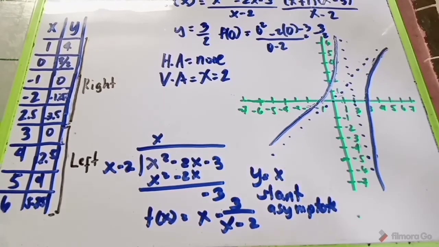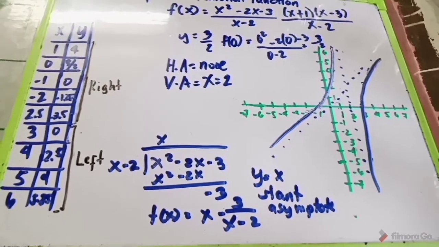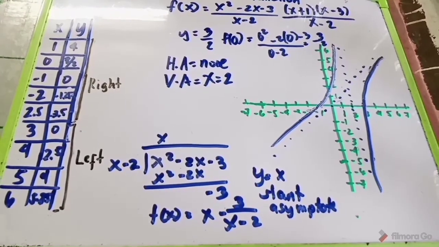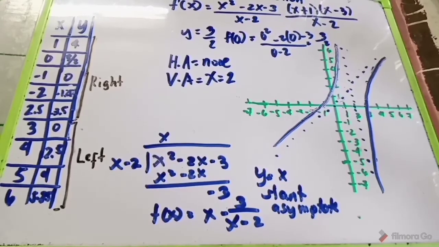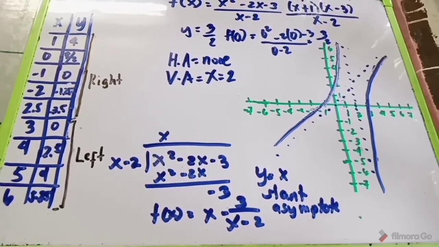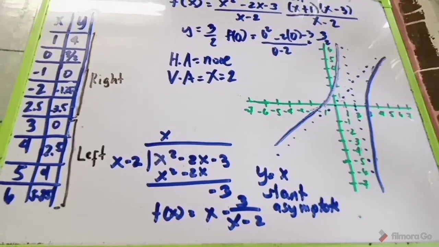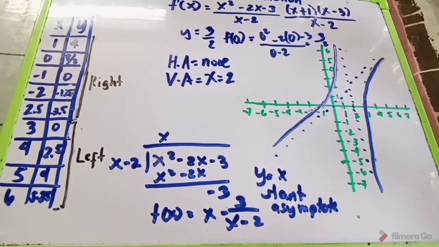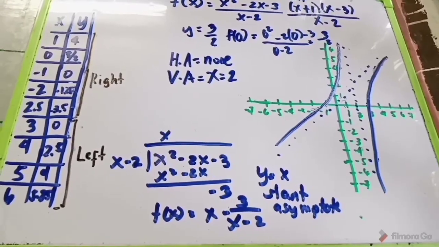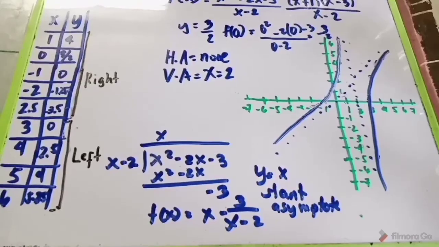So this will be the answer for our graph in x squared minus 2x minus 3, divided by x minus 2. So this will be the graph. Just follow only the graph. So if you know how to graph, and as much as possible use a marker pen. So this will be our answer for the rational function.